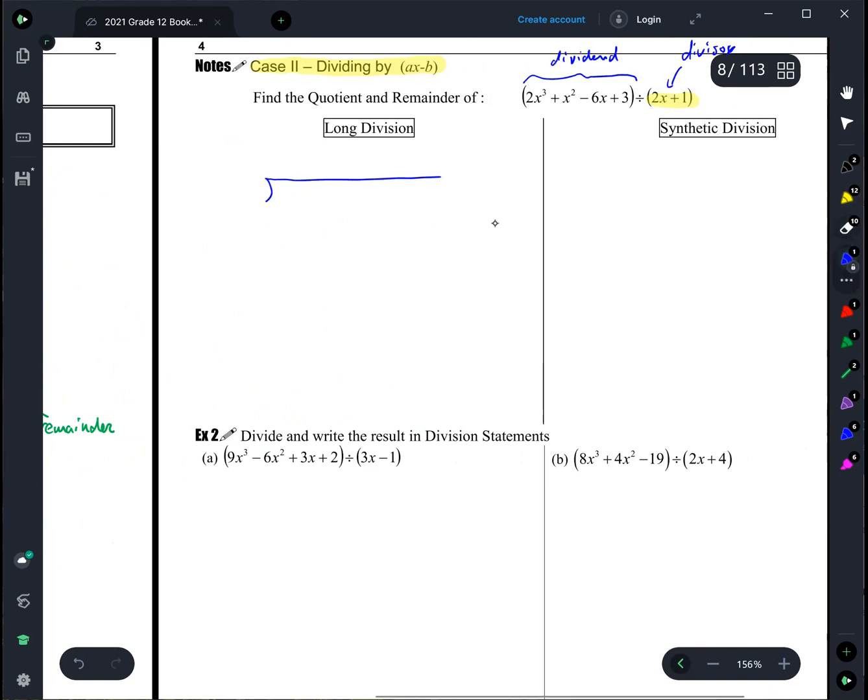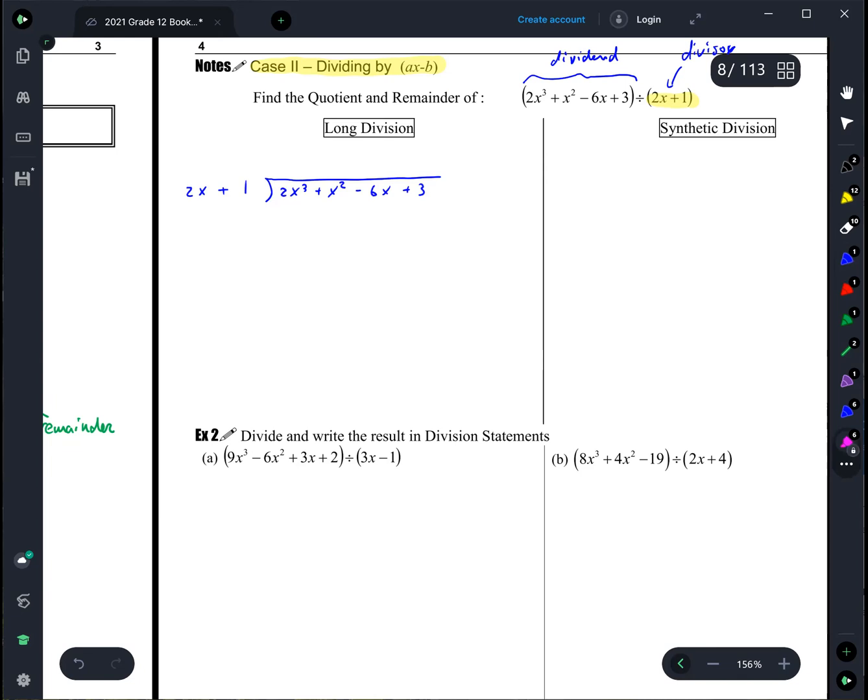So we'll put 2x cubed plus x squared minus 6x plus 3, divided by 2x plus 1. Everyone please set it up.